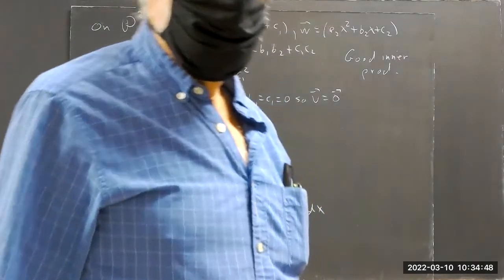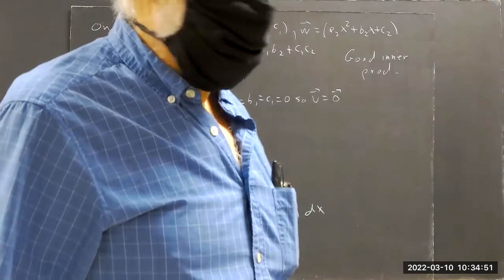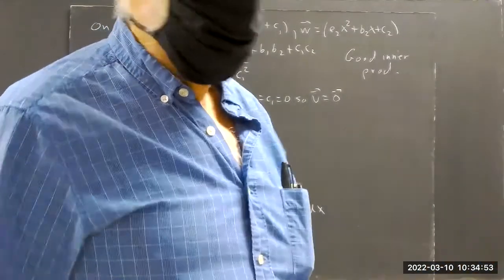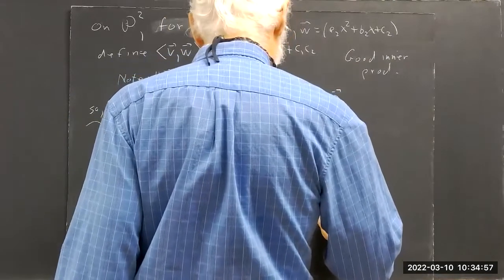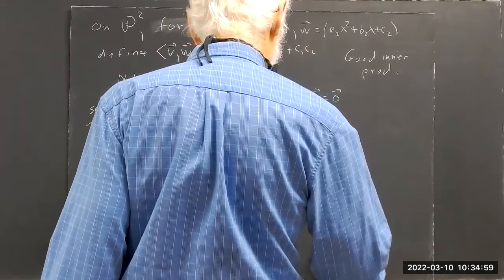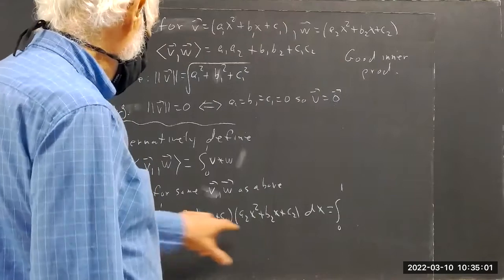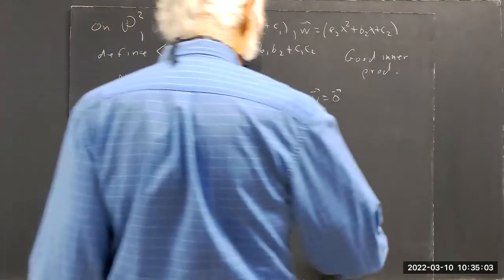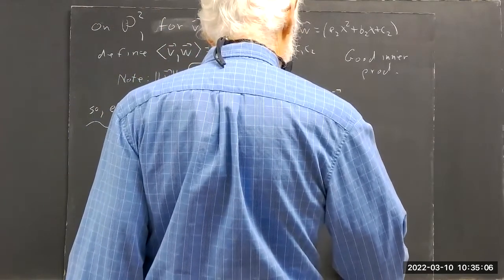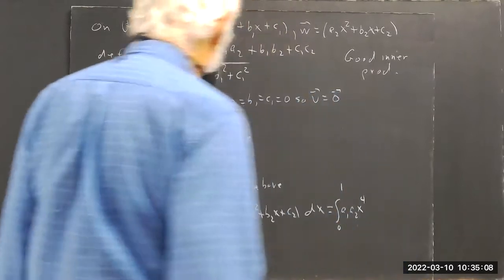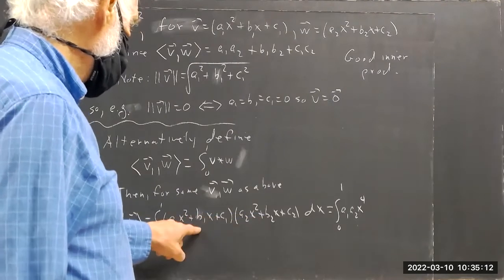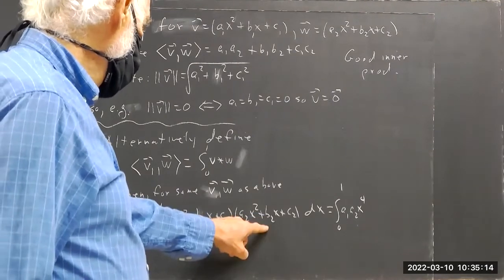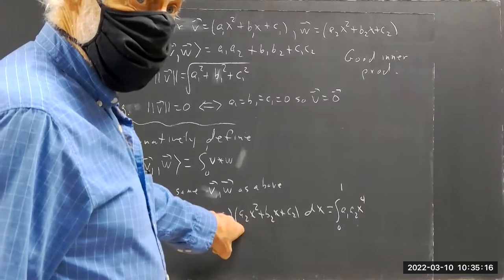Well, you can do that integral, very easy. You just write it out and multiply these things out. I'll just kind of shortcut it. I get an x to the fourth here, so I have A1, A2, x to the fourth. I get an x cubed by multiplying this by this or this by this, which gives me A1, B2 plus A2, B1.